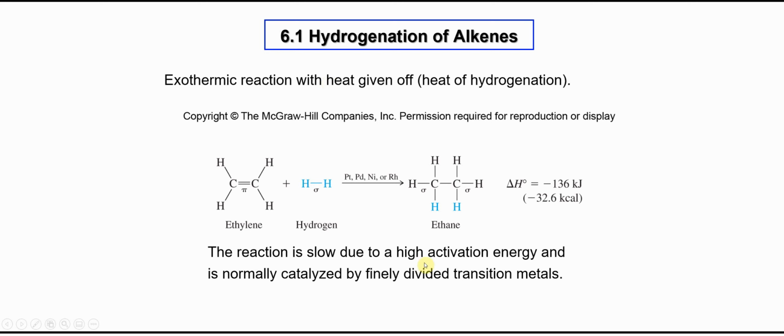This reaction, you can see, has a delta H of negative 136 kilojoules per mole. This reaction was found to have very high activation energy. Therefore, normally a catalyst is required to enhance this chemical reaction.